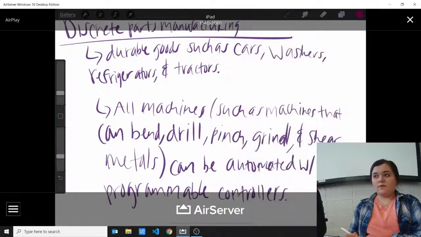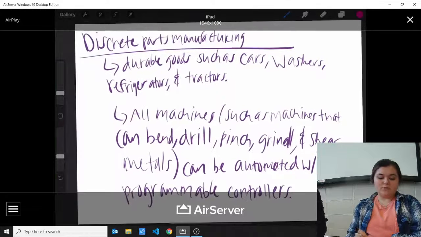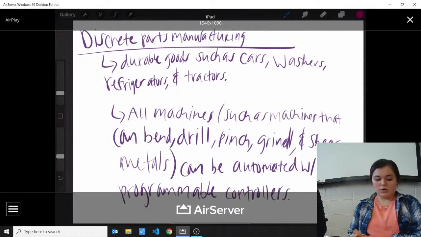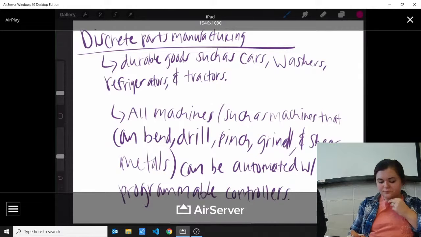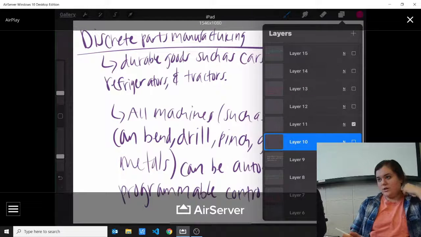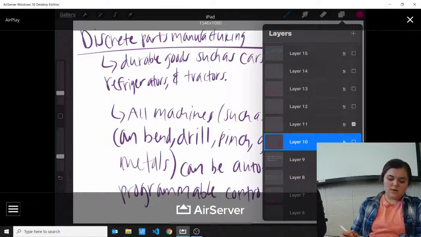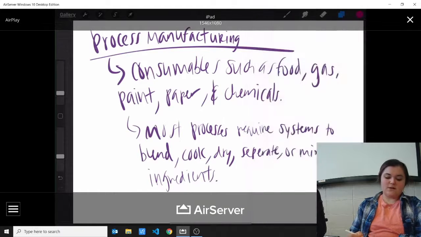Discrete parts manufacturing makes durable goods such as cars, refrigerators, tractors, etc. So just think more industrialized manufacturing is discrete manufacturing, whereas process manufacturing is consumables such as food, gas, paint, paper, chemicals.